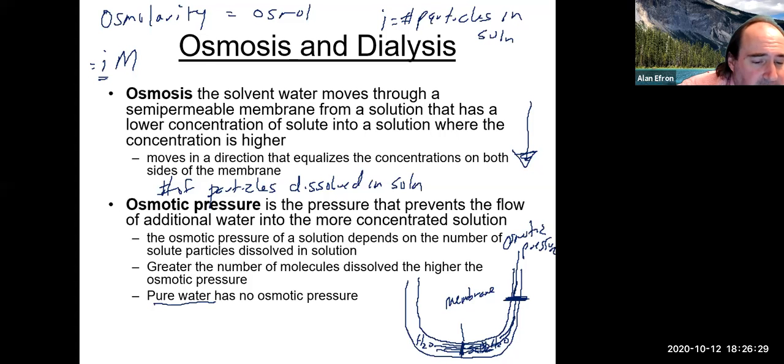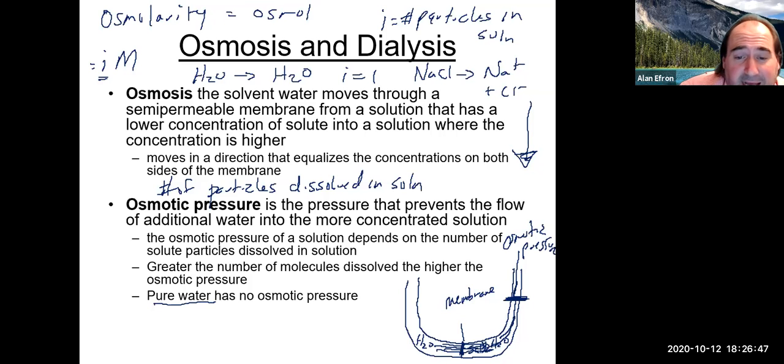For example, if you have water, it's not going to break apart into any ions, so i would equal 1. Now, if you took sodium chloride solution, when that breaks apart you get a sodium ion and a chloride ion flying around, which means that i for sodium chloride would equal 2, since you get 2 ions for every one of those.